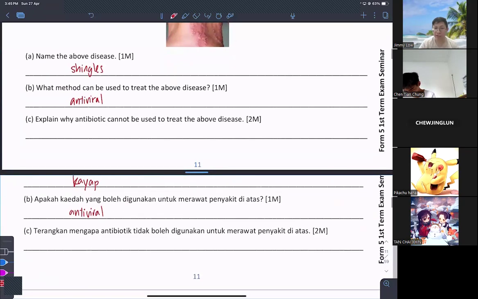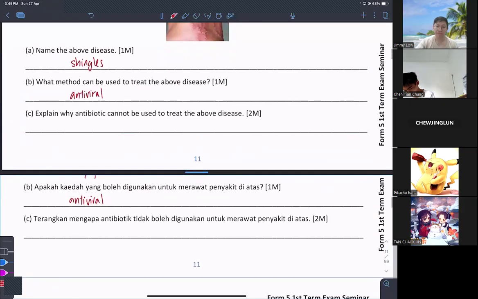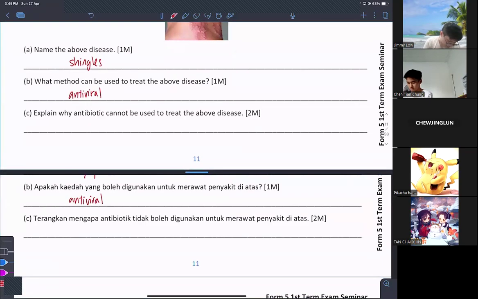Explain why antibiotic cannot be used to treat the above disease. From here, you must mention antibiotic can only be used to kill bacteria. It cannot kill virus. You have to say it cannot kill virus.